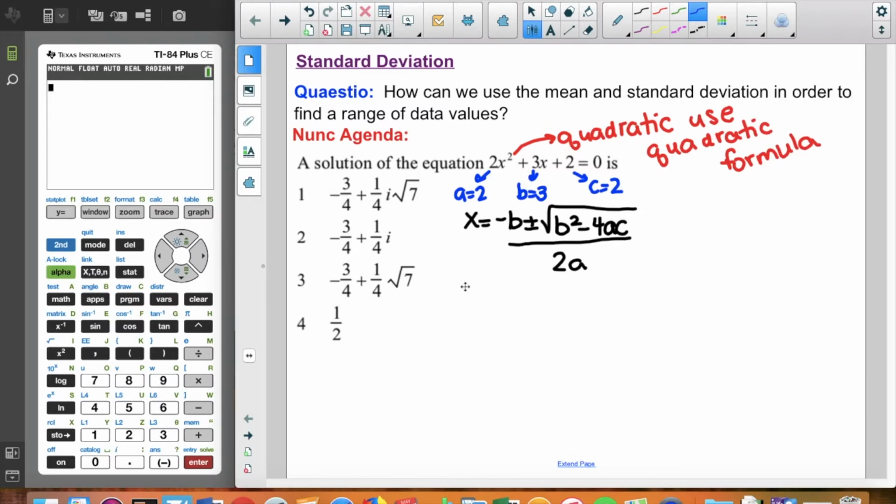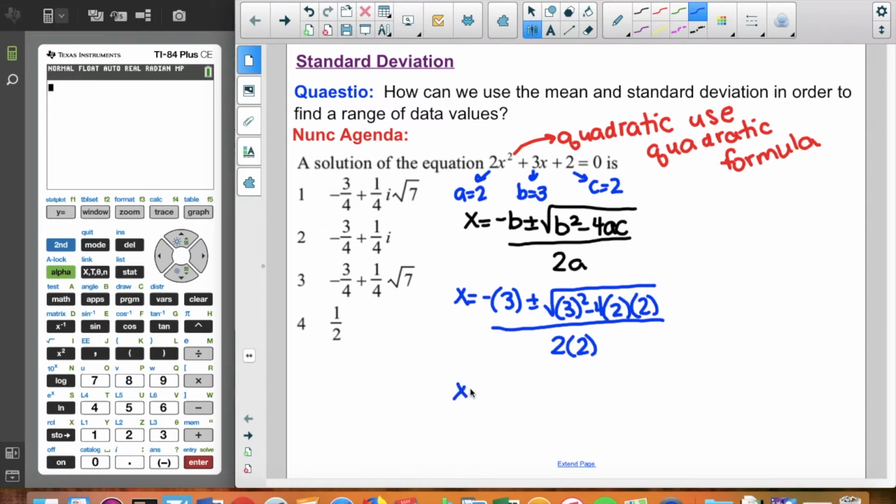So let's plug that in. So we have x equals negative, always use parentheses when plugging in, b, which is 3, plus or minus the square root of b, which is 3, squared minus 4a, which is 2, and c, which is 2, all over 2a.